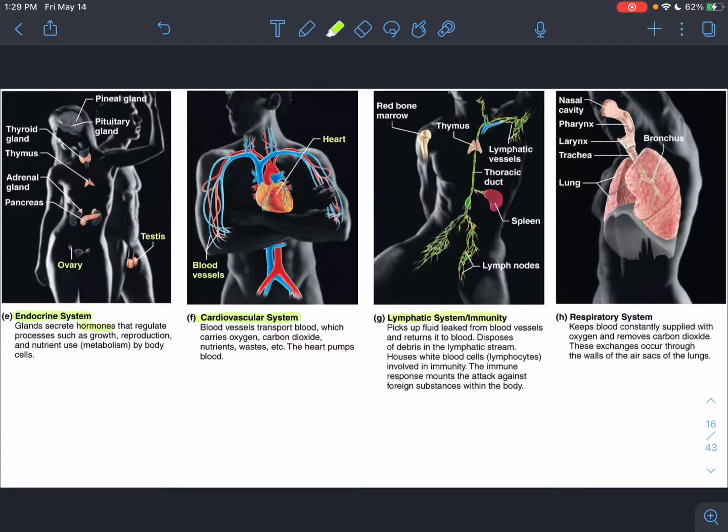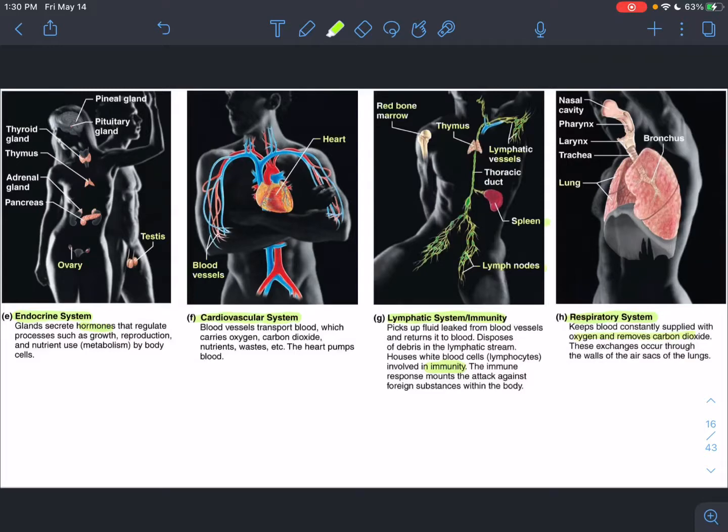Lymphatic system is going to be the immune system of the body. So there's a lot of different organs again: lymphatic vessels, our spleen, lymph nodes, thymus, red bone marrow. Respiratory system, breathing, gas exchange, oxygen and carbon dioxide.